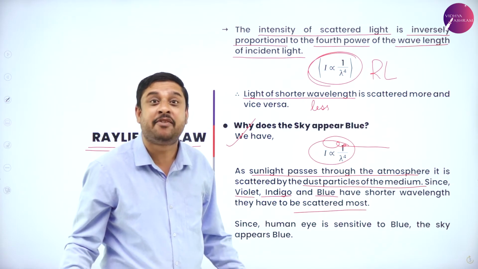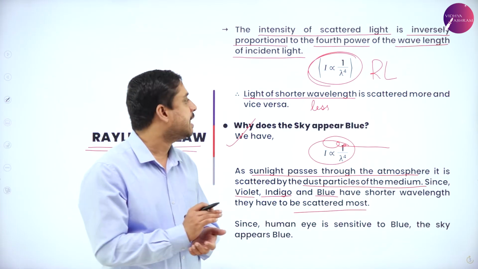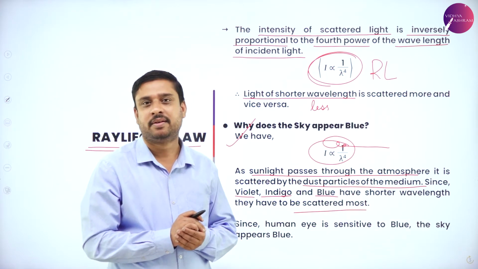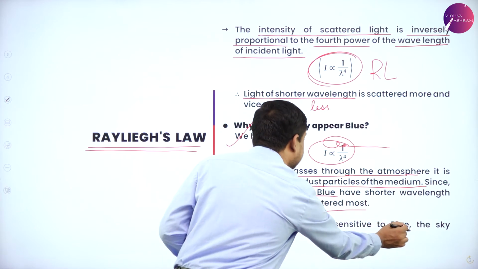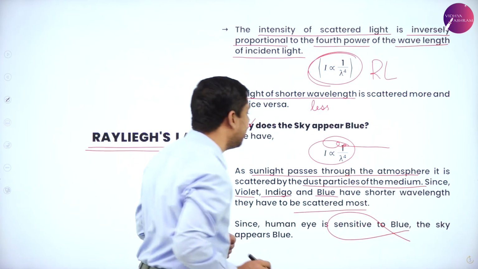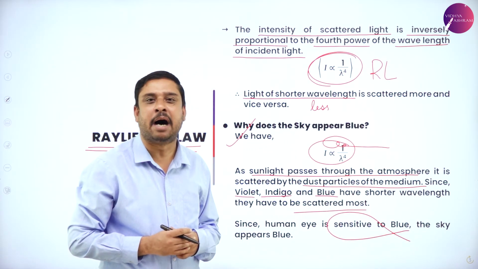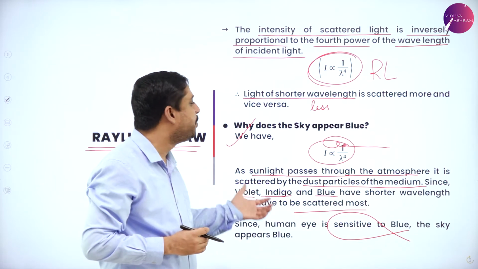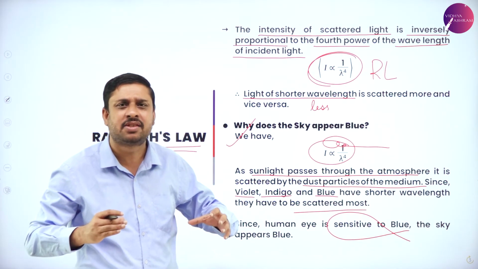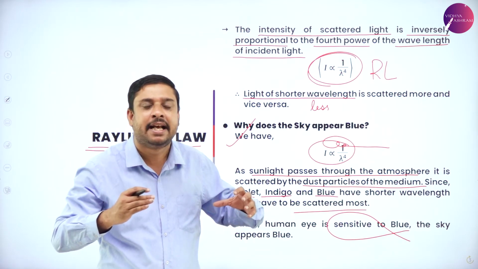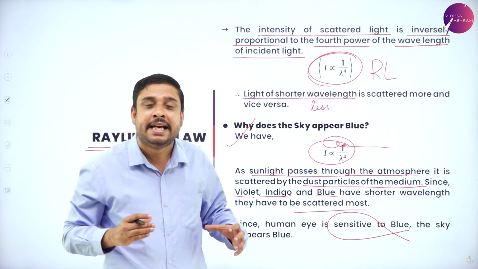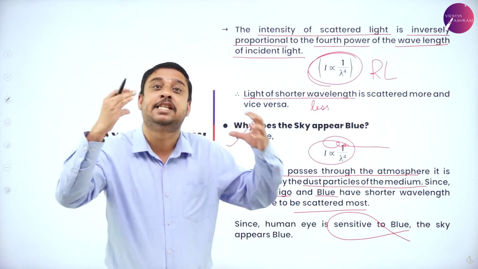But why do we feel or see that the sky is blue? Because our eyes are sensitive to blue color. That is why the sky appears blue. See, very beautiful. As the wavelength of light is less, its scattering is more.